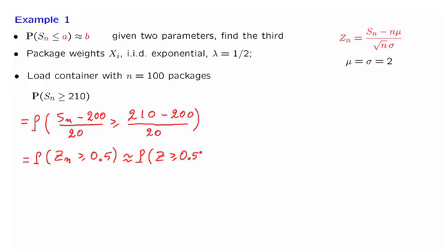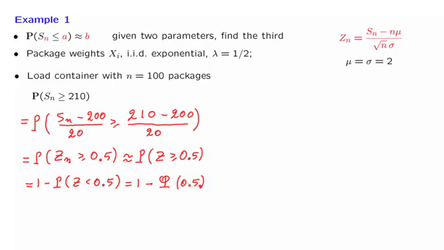Now, for a standard normal, we can calculate probabilities in terms of the CDF that's given in a table, but here we have the probability that Z is larger than something, not smaller than something. The CDF gives us the probability that Z is less than something. This is easy to handle. This probability is 1 minus the probability that Z is less than 0.5, which is 1 minus the CDF of the standard normal evaluated at 0.5.